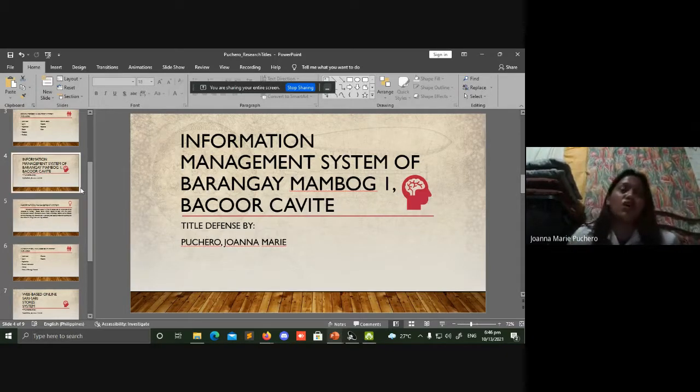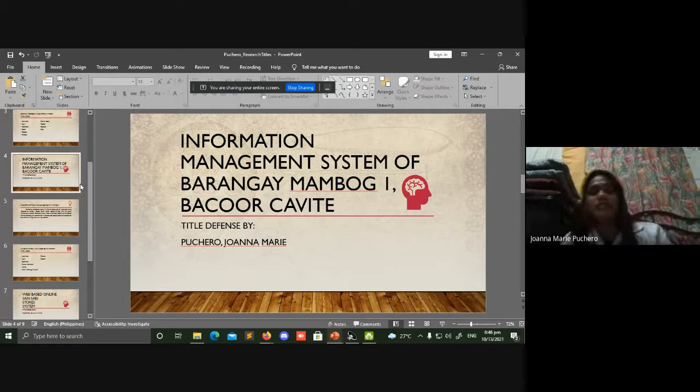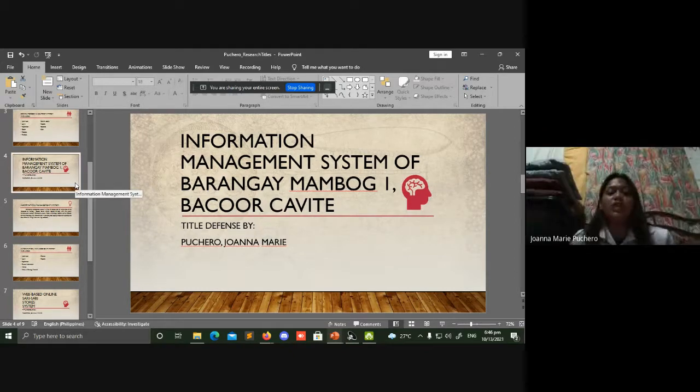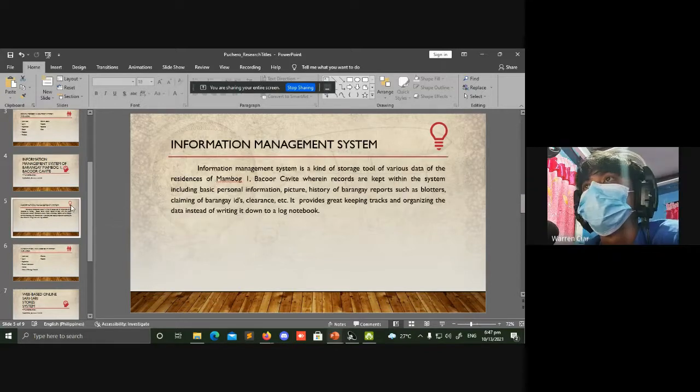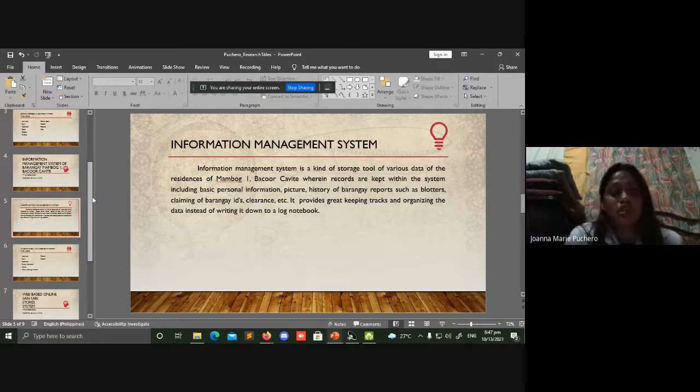I had to rewrite my address on the logbook, and then they had to retype it and print again. So the main solution that I want to implement in our barangay is an information management system wherein they have all the personal information so you don't have to write it down again and again on the logbook record. So less time consuming, and no redundancy of information and data.